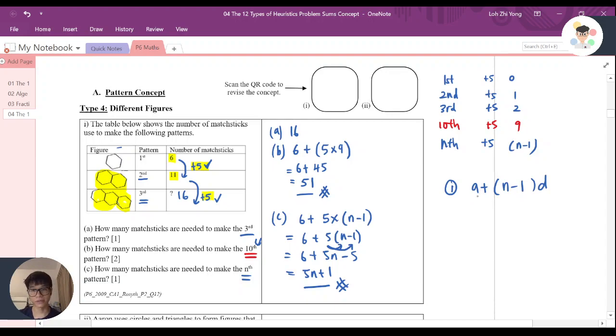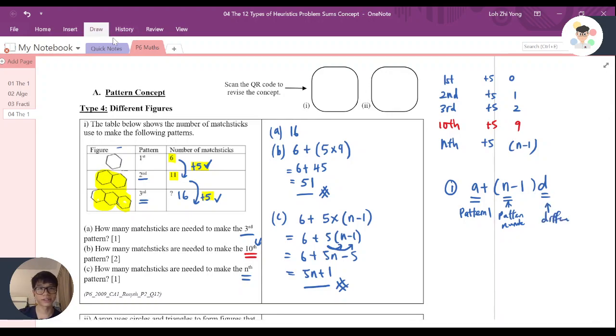This basically means that the first a basically means the first term, the pattern number 1, plus n basically the pattern number, and minus 1, then d basically means the difference.